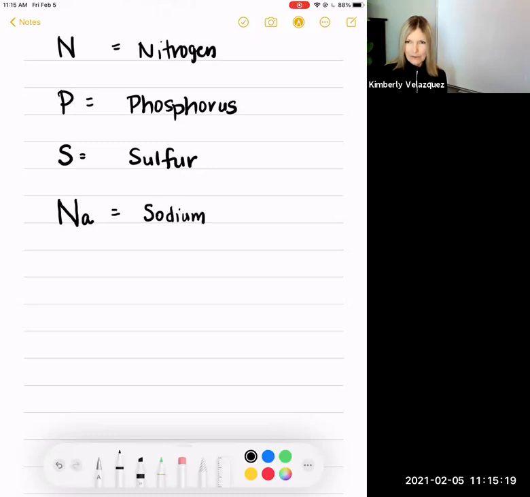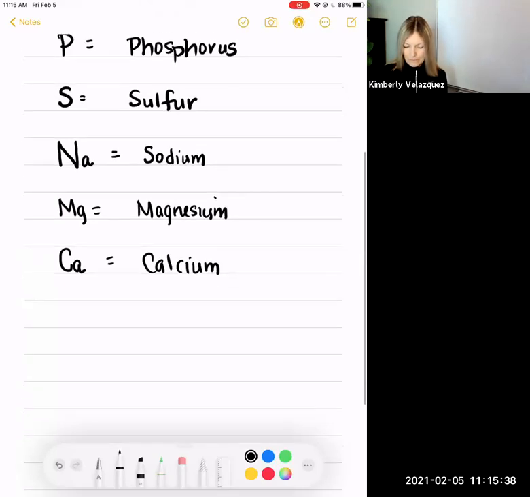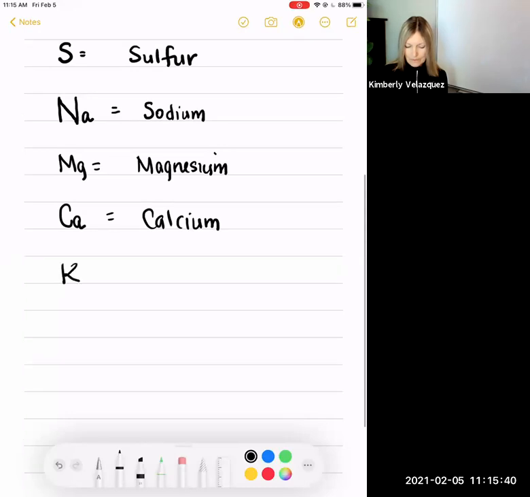So again, capital N, lowercase a. Magnesium. Calcium. Potassium. Potassium is letter K because phosphorus was using the P.